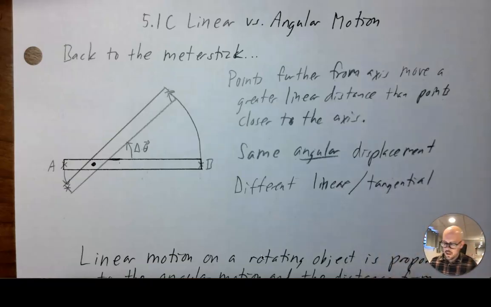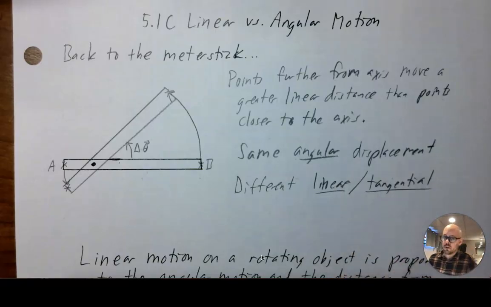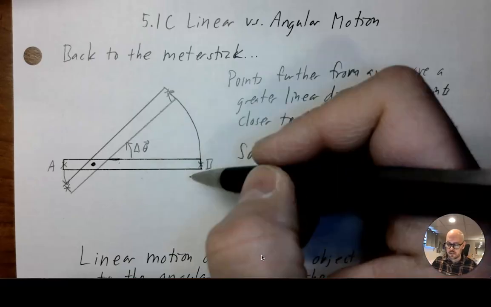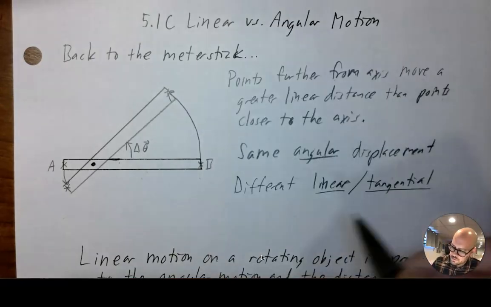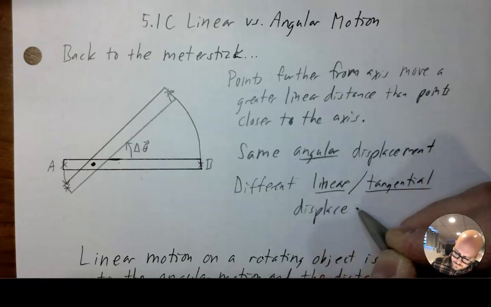So we have angular and we have tangential motion. And so if you call it linear, that's fine, but just be aware that you will see the word tangential a lot in rotation, and that is the same thing as the linear motion of an object. So different linear or tangential displacements.